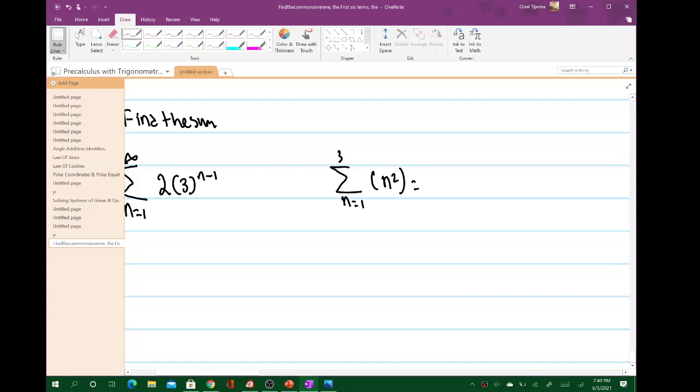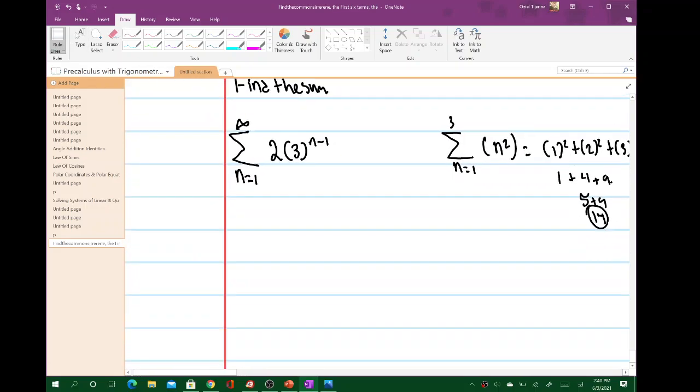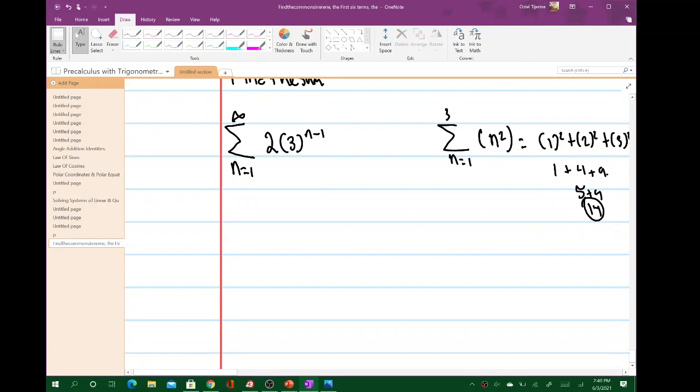So you would say, oh, this is just 1 squared plus 2 squared plus 3 squared. So then this would be 1 plus 4 plus 9. This is 5 plus 9. This is just 14. So you're done, right? But with this one, you're like, whoa, wait a minute. I wonder how to do this.